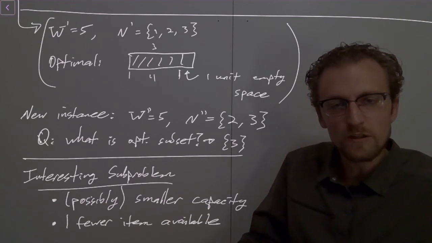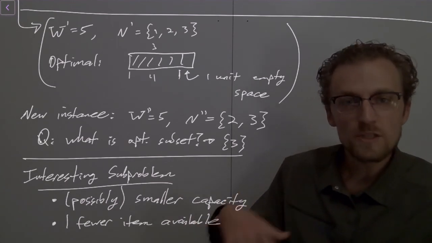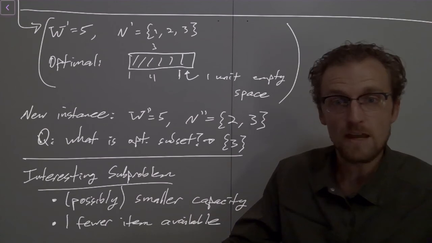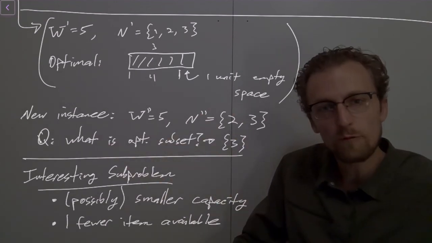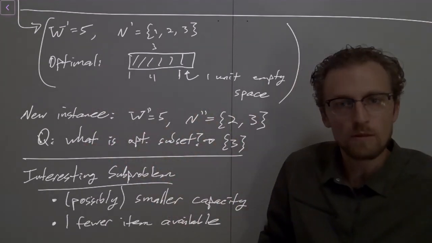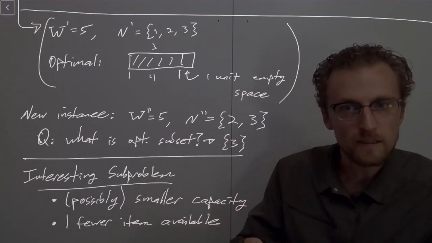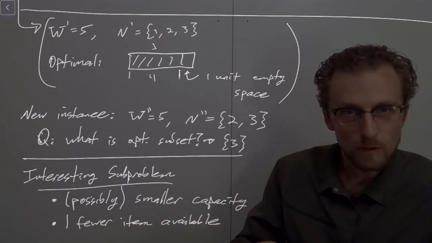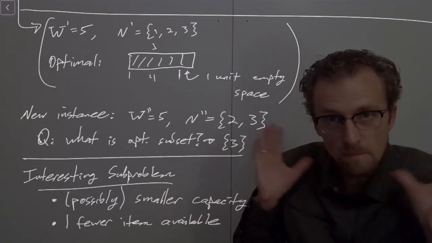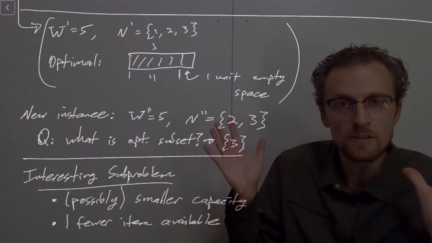But what we can do with this is say, suppose now that I have the optimal subsets for all of the subproblems of the knapsack problem, all of the problems where there's less capacity and fewer items available. Let's imagine that we have all of those answers.